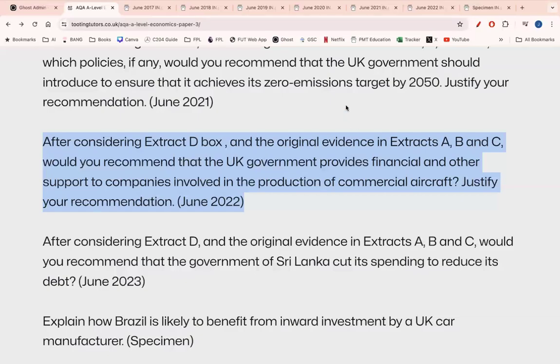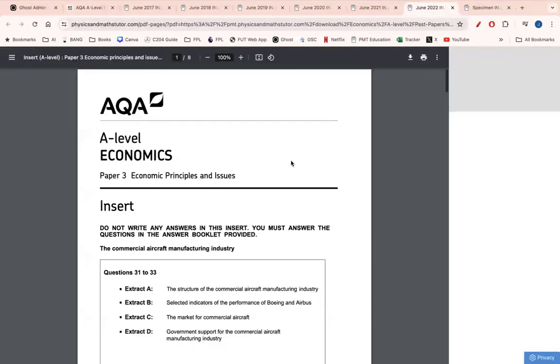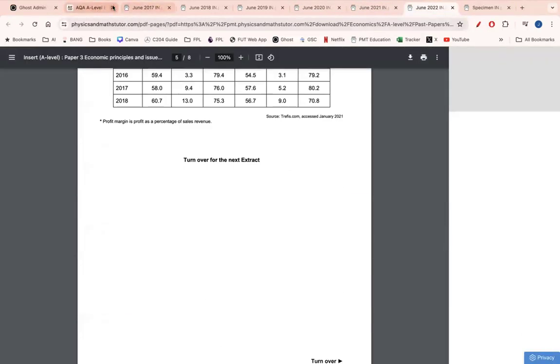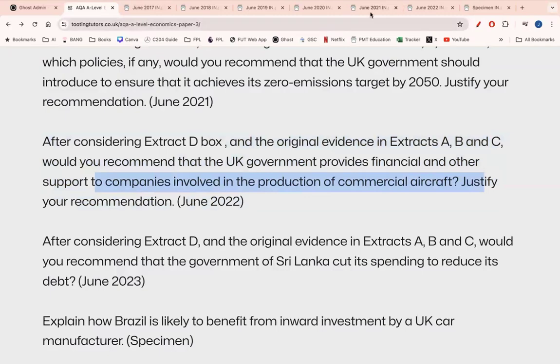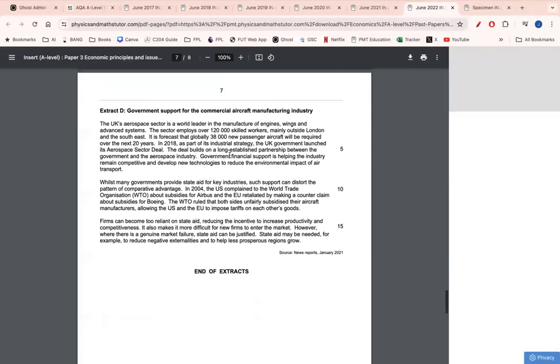So the question says, after considering mostly extract D as well as the other extracts, would you recommend that the UK government supports the production of commercial aircraft? So if we go to the inserts, it's mostly extract D, so I'd start with that one, and afterwards we could look at the others.